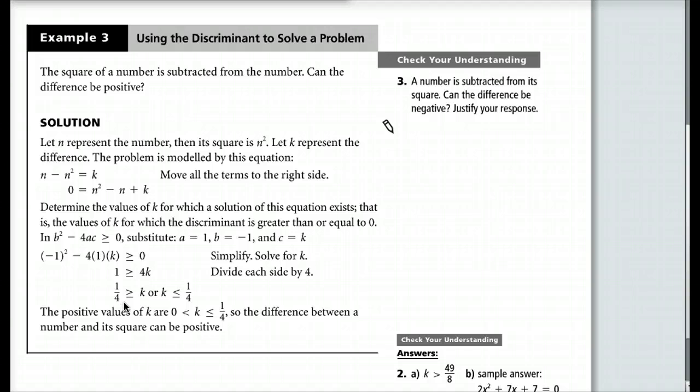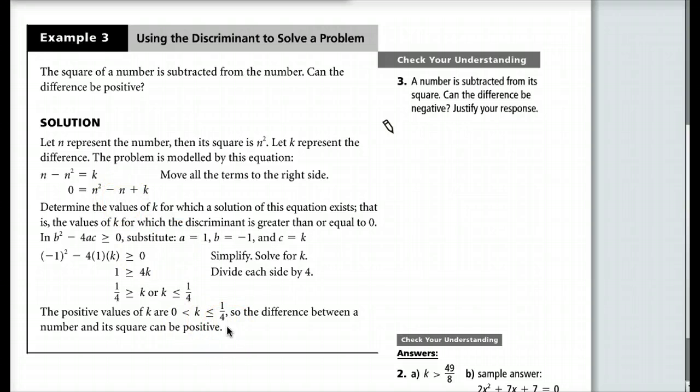Now, what does that mean? That means when k is less than or equal to 1 over 4. Now, don't forget, k must be positive, that's determined in the first place. They must have a positive difference. So as long as we can have k between 0, which means it has to be positive, and less than 1 over 4, then we can have a solution for n, right?